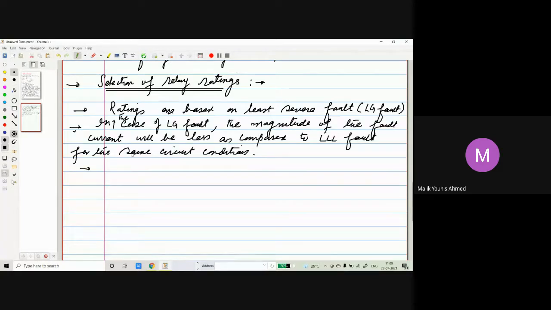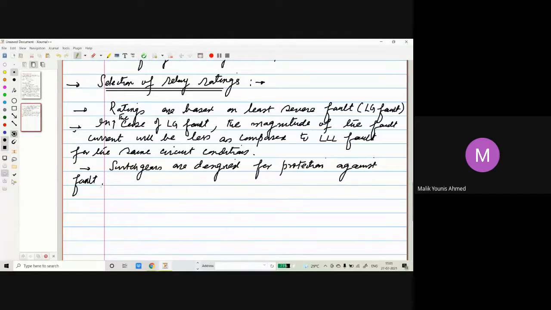Next, switchgears are designed for what? They are designed for protection against faults. You should always remember, if we have a protective scheme, those switchgears will be designed for protection against the fault.